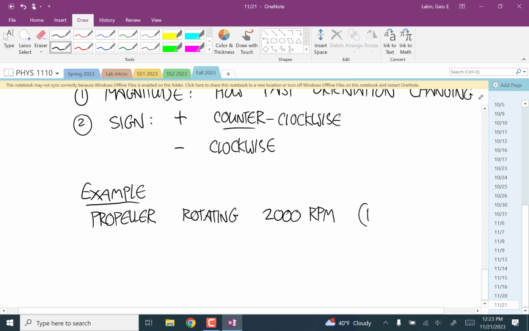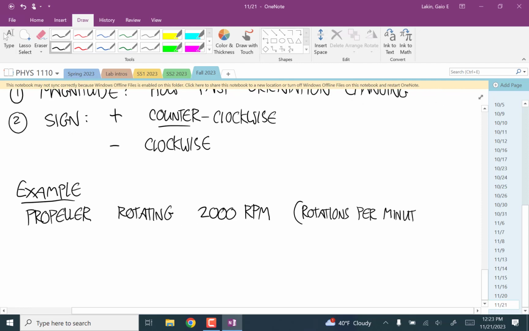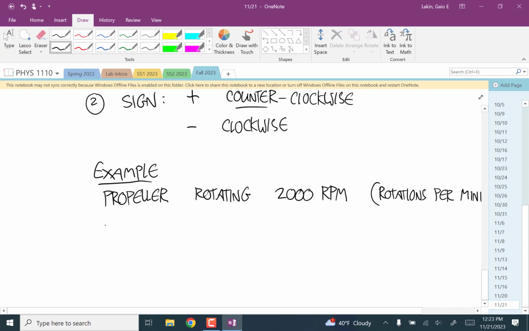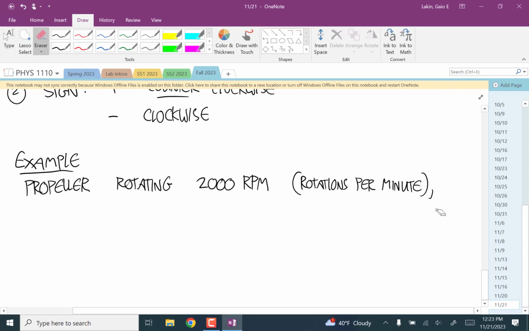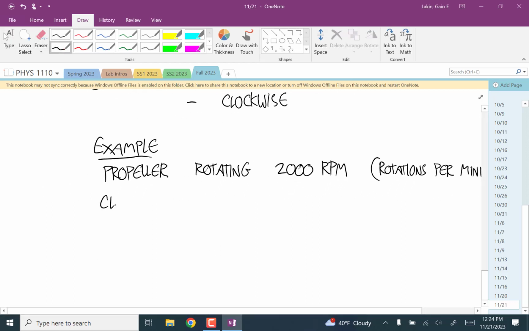That's rotations per minute. And let's say it's rotating clockwise. What's its angular velocity?